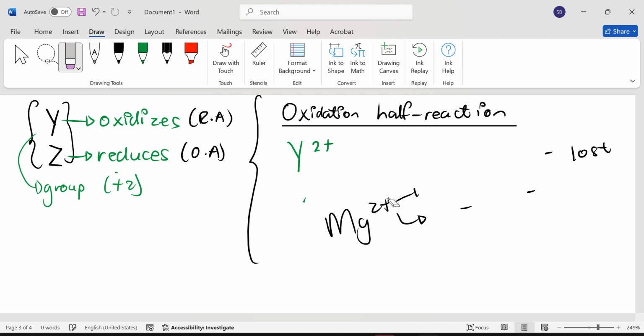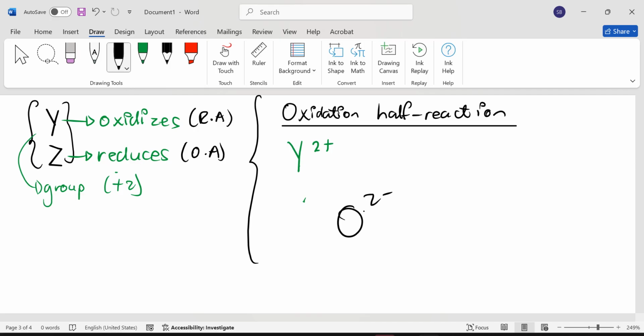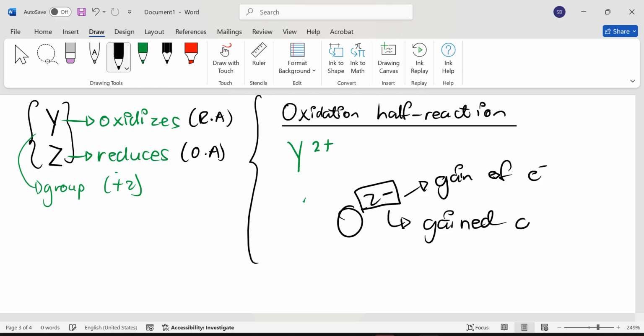Similarly, if something has a charge of, say, oxygen 2 minus, that basically tells you that when the charge is negative, it's a gain of electrons. Therefore, oxygen gained how many electrons? Gained 2 electrons because it has a charge of 2 minus.